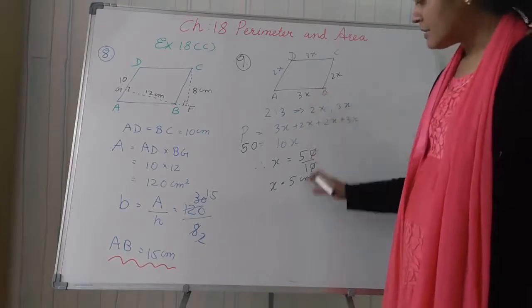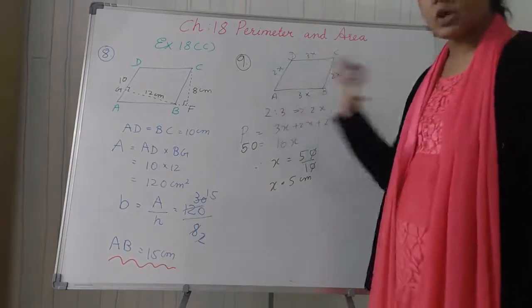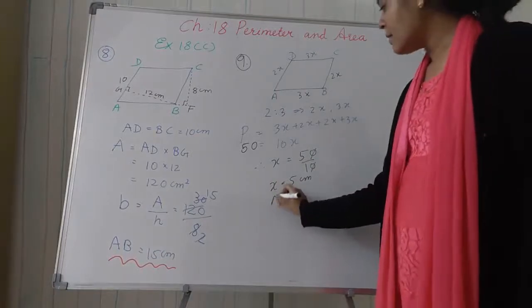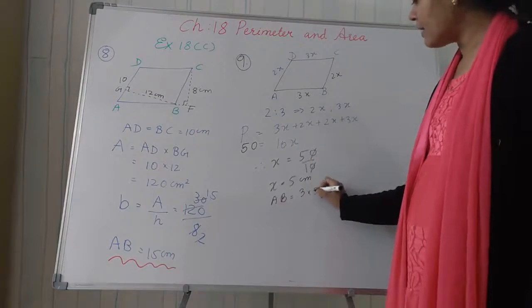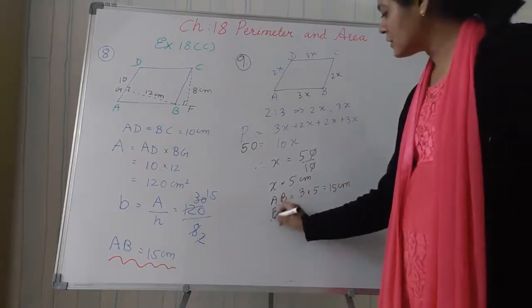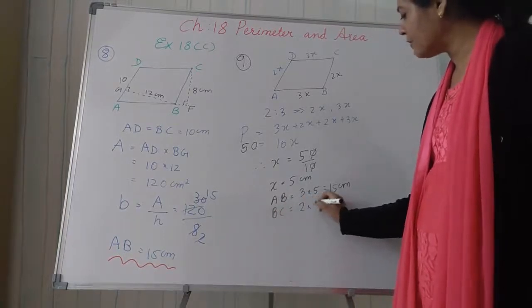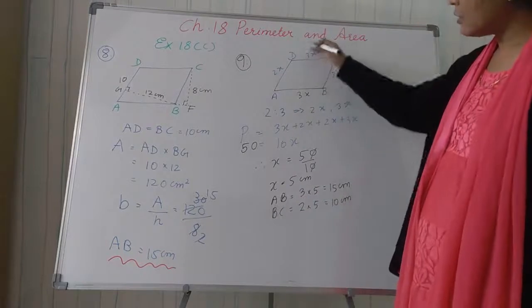So now by substituting this x value, I can find all the four sides of the parallelogram. So I am writing AB is equal to 3 multiplied by 5, 15. BC is equal to 2 multiplied by 5, 10 centimeters. So the opposites are also equal.